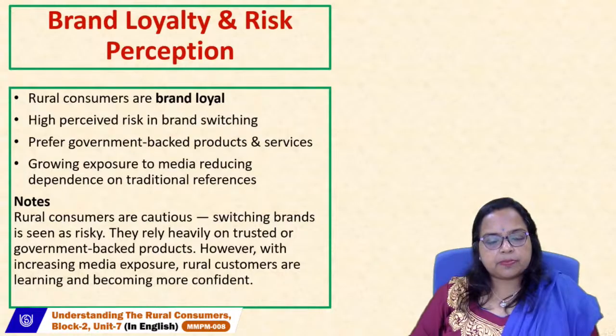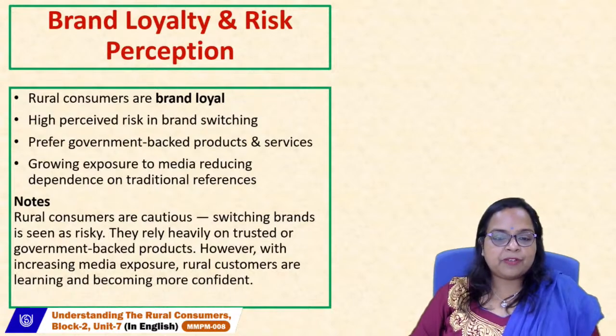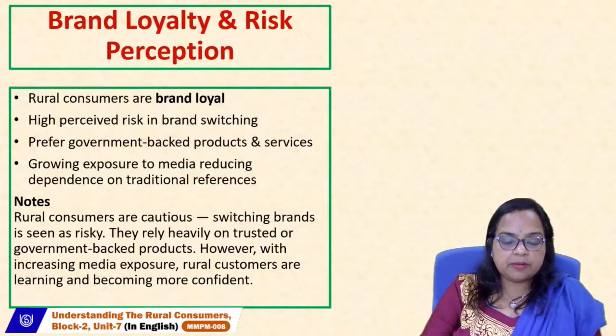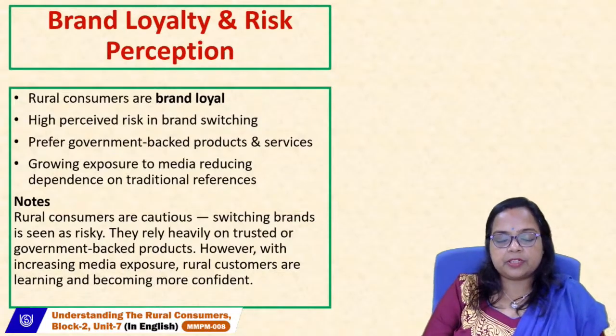Brand loyalty and risk perception. Rural consumers are cautious. Switching brands is seen as risky, because in the previous unit we discussed the loyalty of the rural consumer. They are literally not switching from one brand to another. They have inertia toward that particular brand's product.